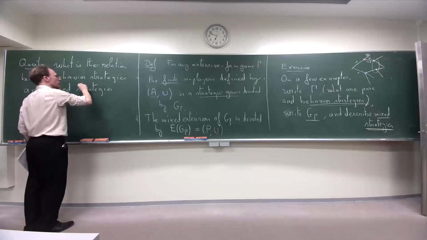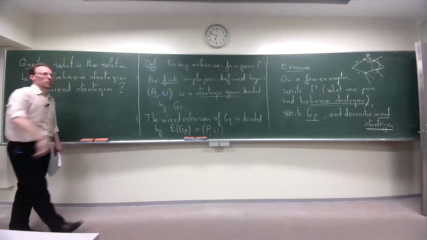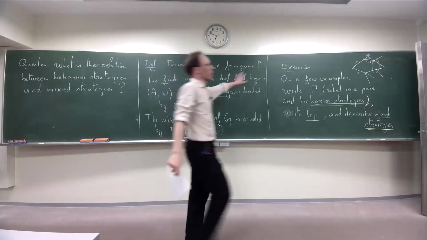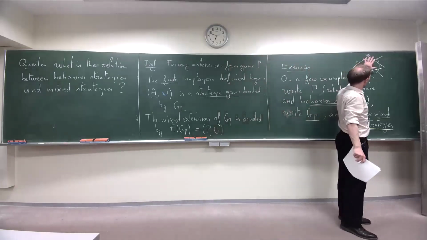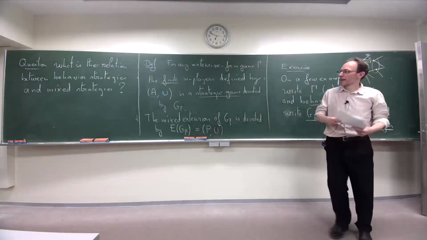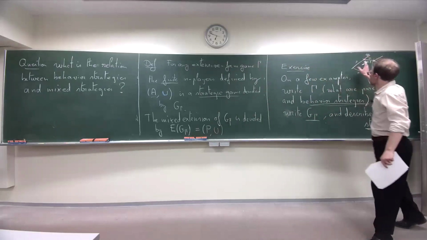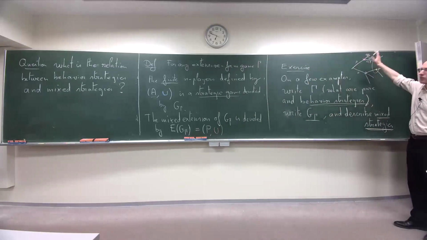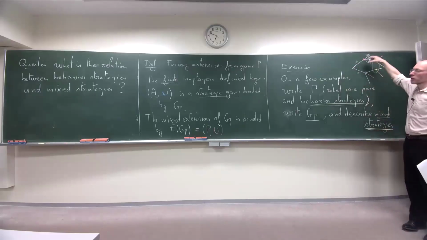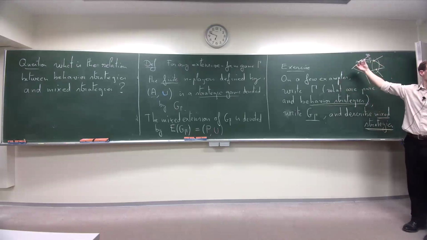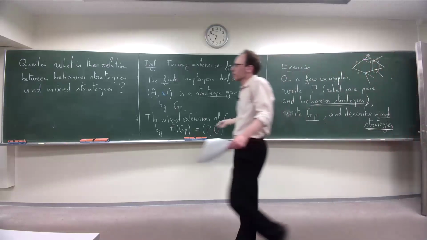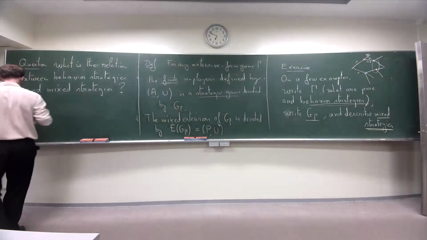So the first answer would be, essentially the same, because for behavior strategies, you put some probability distribution like this. Then for mixed strategies, you take a picture like this with only 0 and 1, and you put some probability on these graphs, on pure strategies. Unfortunately, or fortunately, no, it's not exactly the same.